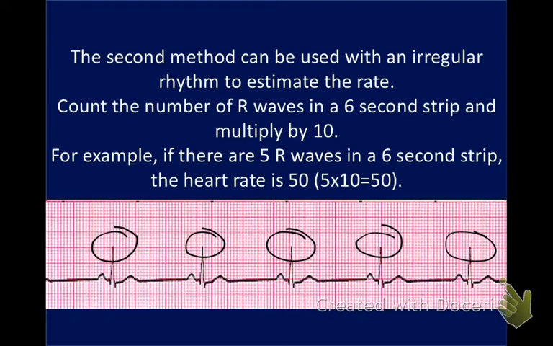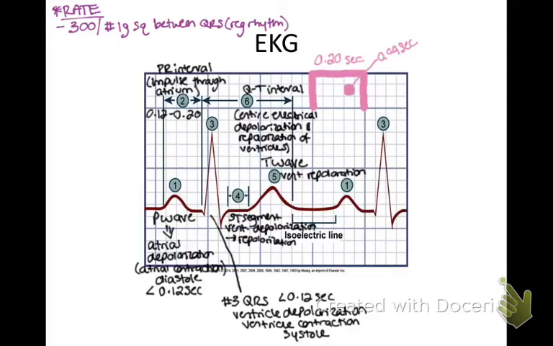Does everyone get those two methods? So if it's regular, you are going to do 300 divided by the number of large boxes, which is this right here, the big thick numbers. And that's what's going to give you your rate.